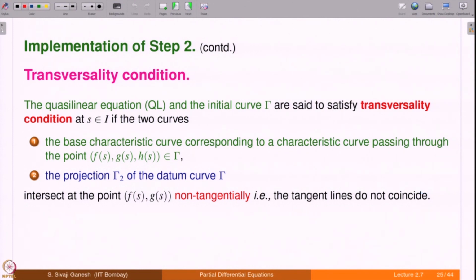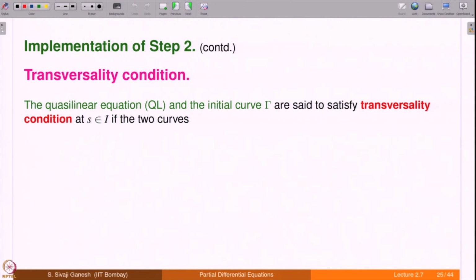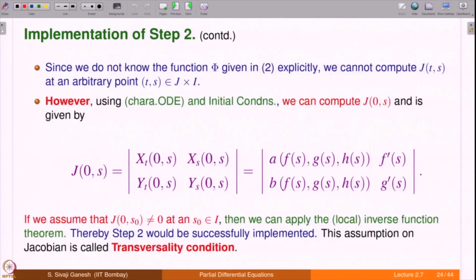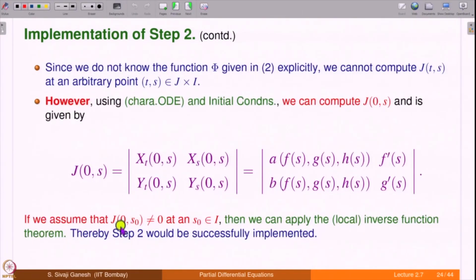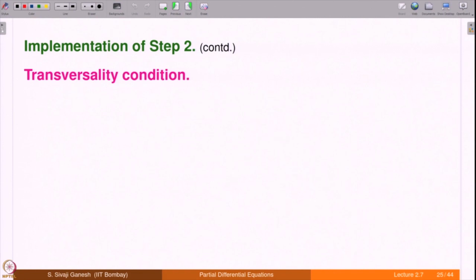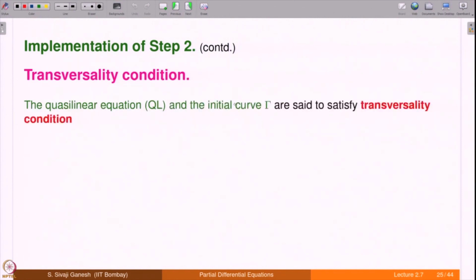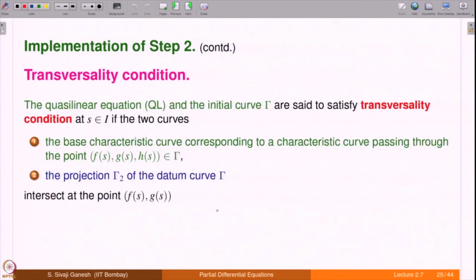Because if you see in the determinant, what are the two things which are coming there, the two columns. (xt, yt) is the tangent of the base characteristic curve, and this is the tangent of gamma 2, and asking that this is non-zero means they are not parallel, and they are passing through the point (f(s), g(s)), that is (0, s), and we are asking that the tangent line is not the same, that is why it is the transversality condition.